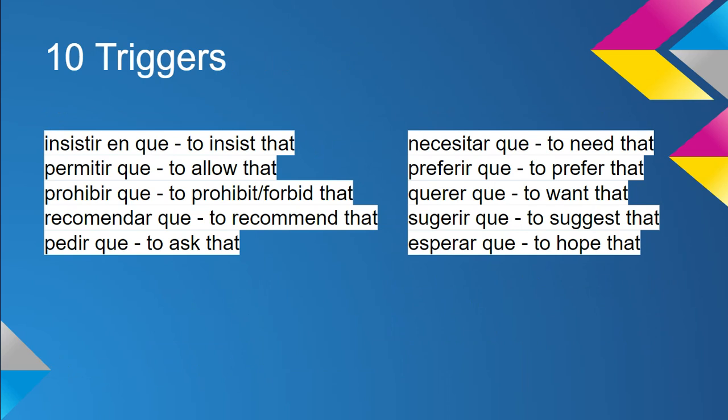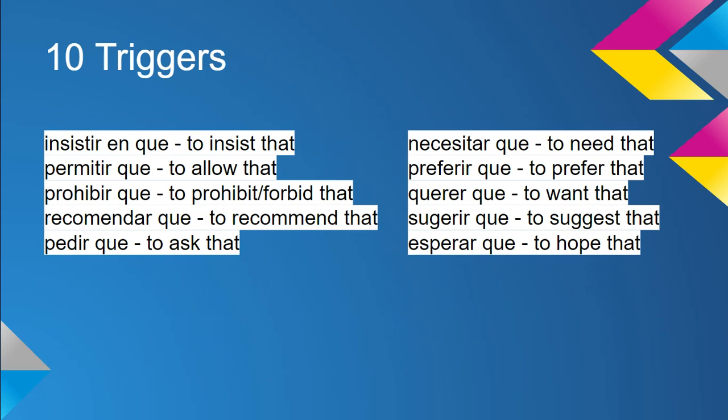Forbid that, or to prohibit that. If we look at our example of this COVID-19 pandemic, you could say the government forbids or prohibits that people leave their house. Prohibit or forbid would be in the present tense, leave their house would be in the subjunctive.